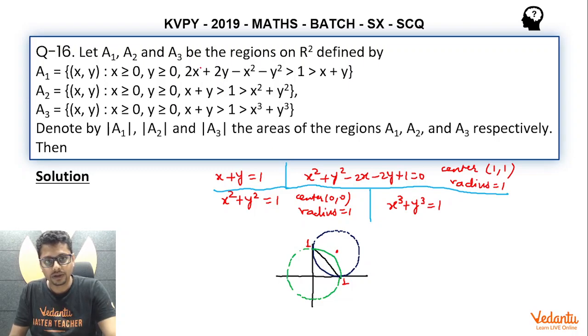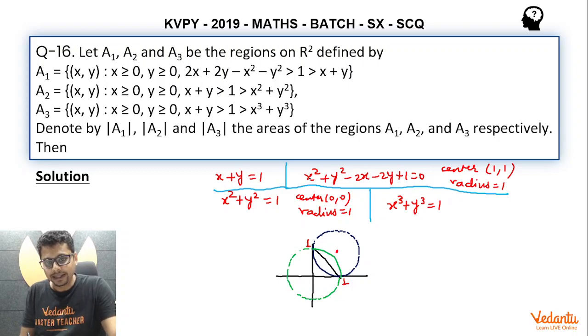Now coming to this first region A1. This is about x plus y less than 1. With respect to this line, it is the region containing the origin, because the origin satisfies this inequality. And when we consider this inequality, it is like saying x square plus y square minus 2x minus 2y plus 1 less than 0.